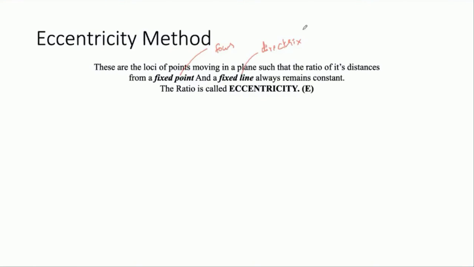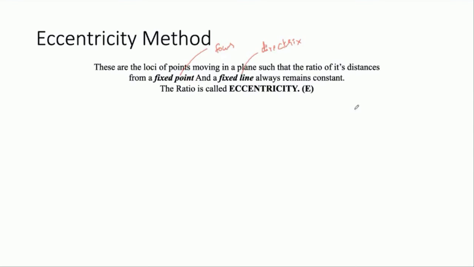So this ratio always remains constant. This is for ellipse or parabola or hyperbola. So all the things will be the same. For all those, the ratio of its distances from a fixed point and a fixed line will be a constant.